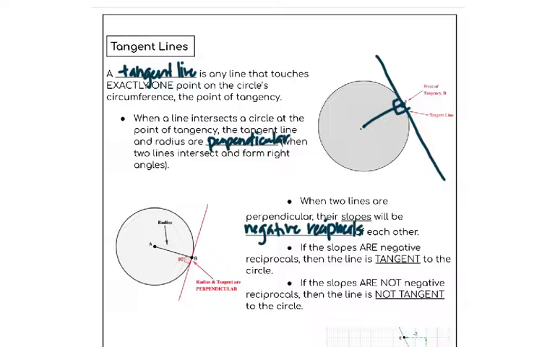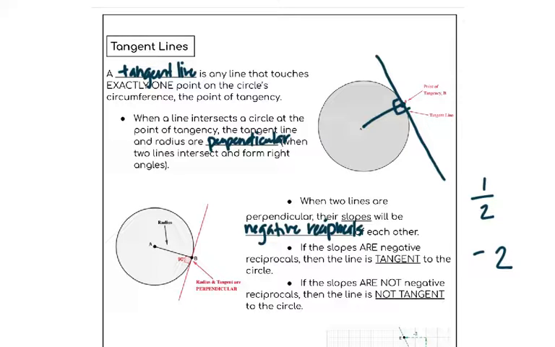What that means is, let's say the slope of our radius is 1/2, then the slope of the tangent line will be a negative reciprocal. So it'll be negative, and then what is the reciprocal of 1/2? It would be 2 over 1, which is 2. So that's what it looks like to be a negative reciprocal.